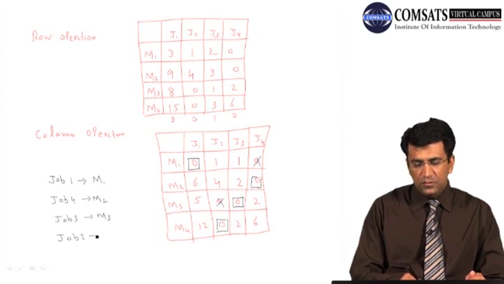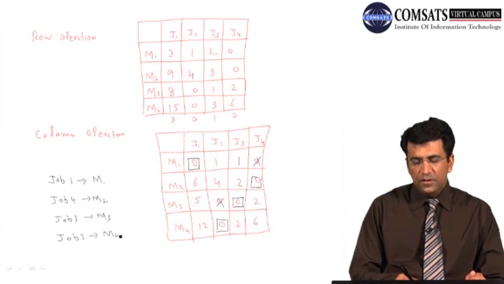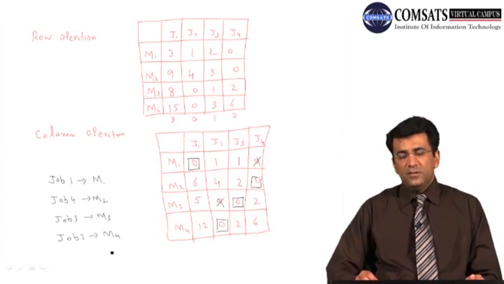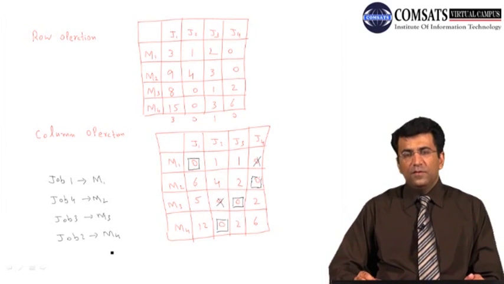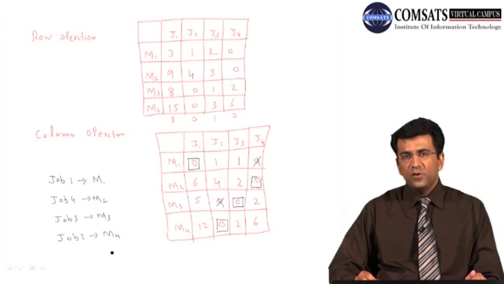So job 2 to machine 4. Again students, in these sorts of problems we are assuming that any particular job can be assigned to only a particular machine, and the other way is also true, that no more than one machine can be assigned a single job. So this is the assumption of this particular problem.